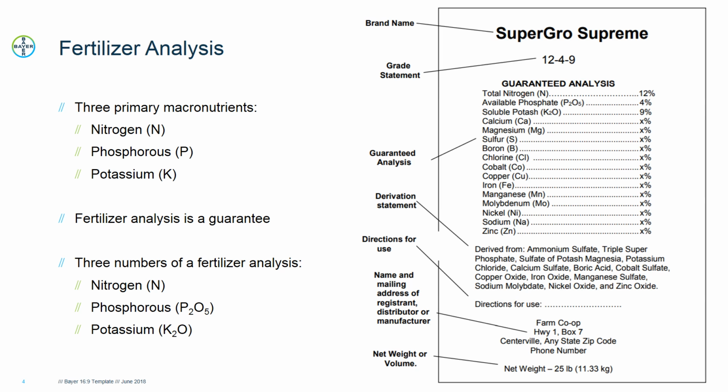The second number, while representing phosphorus, is actually % P2O5, and the third number represents potassium. However, it is actually % K2O. This is a guaranteed analysis, so it is a number we can take to the bank when calculating fertilizer application rates.